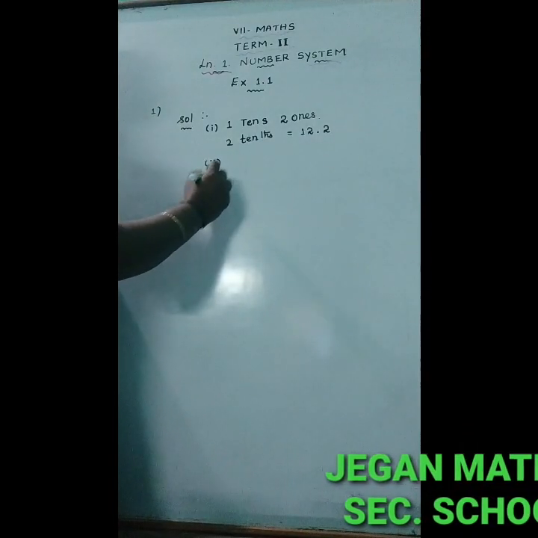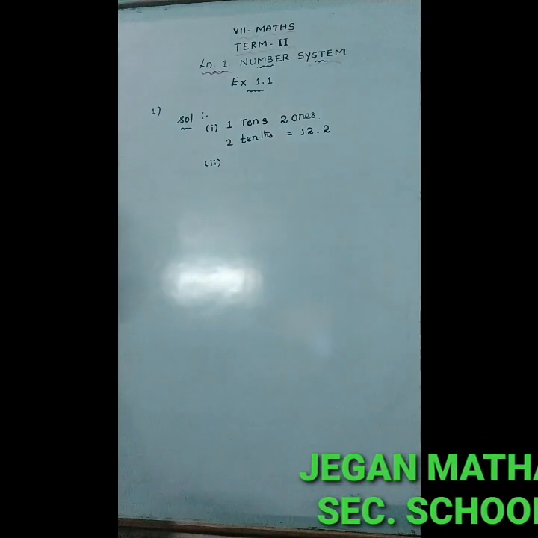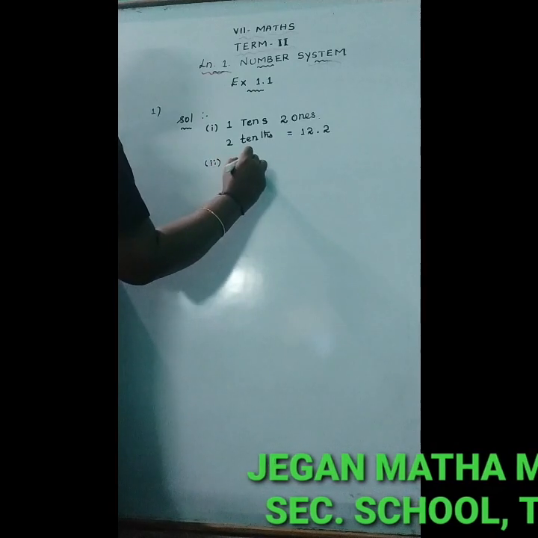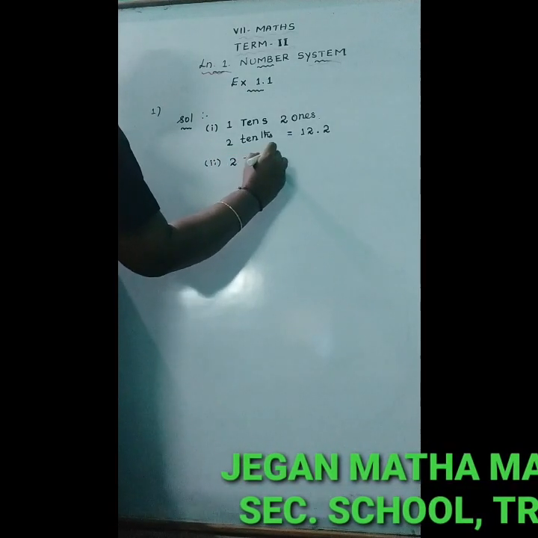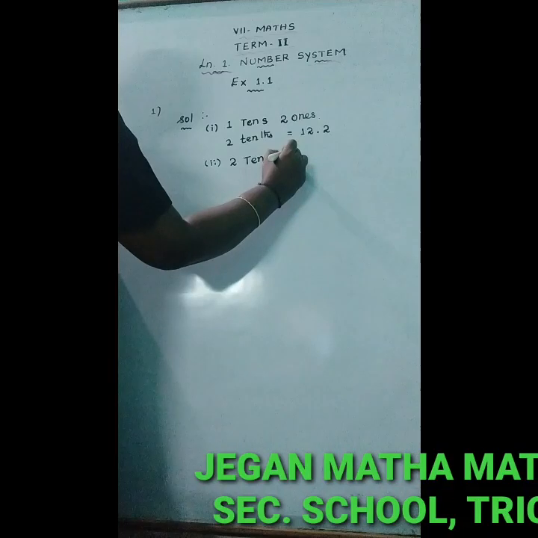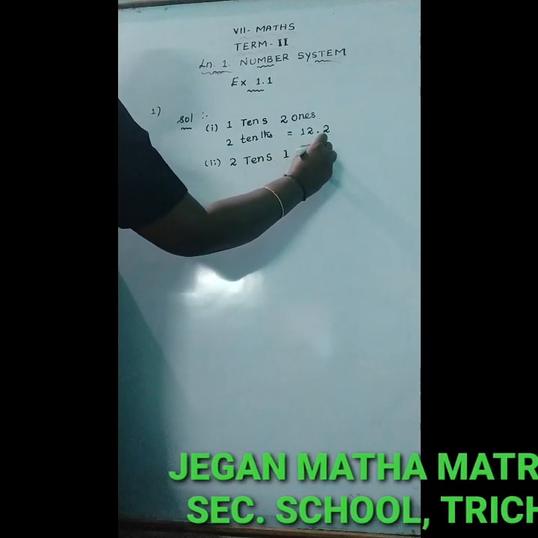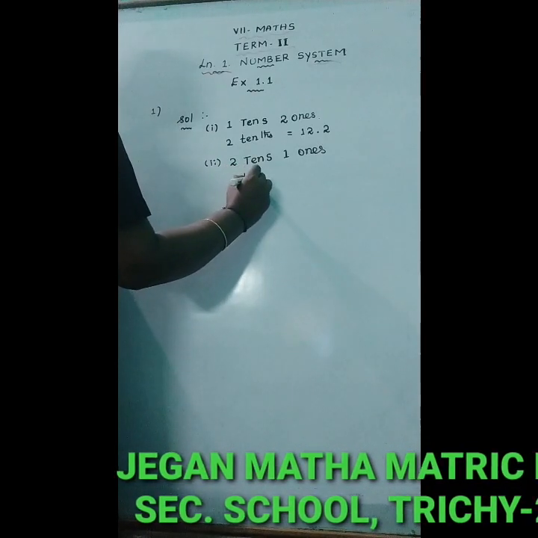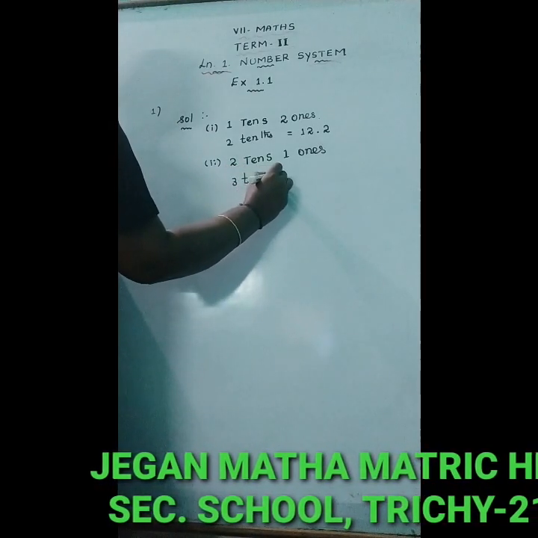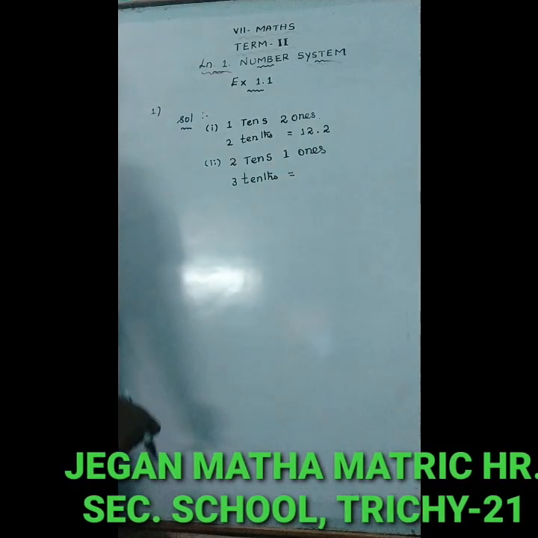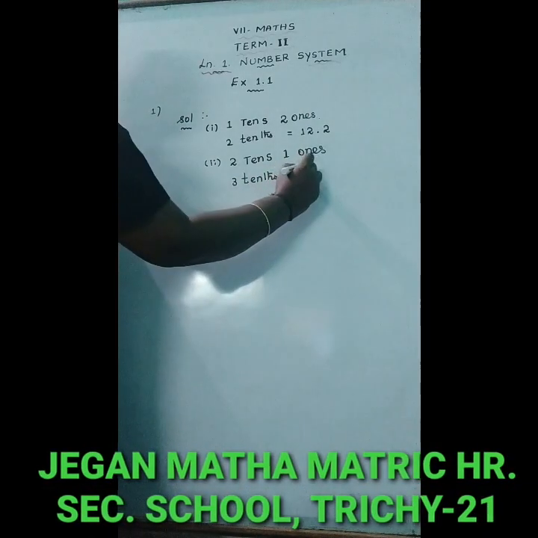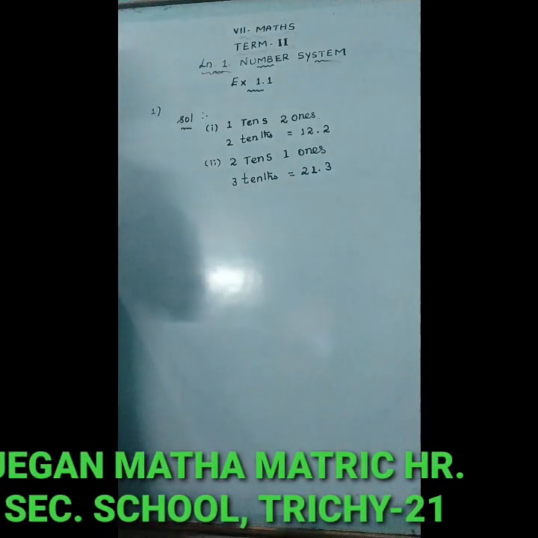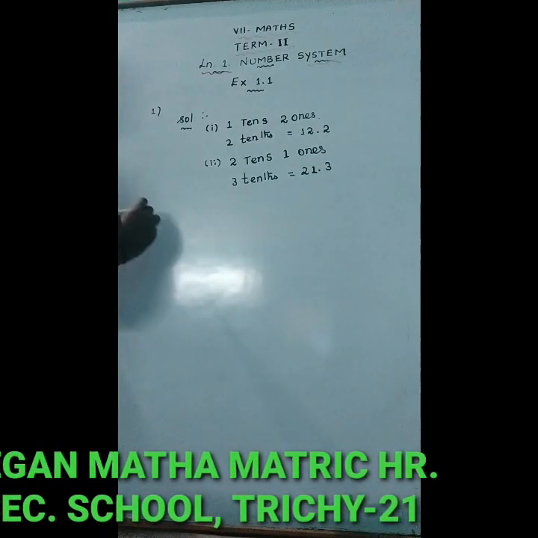The second one has 2 tens, 1 one and 3 tenths. So we write the decimal number 21.3. This is the solution for the first one.